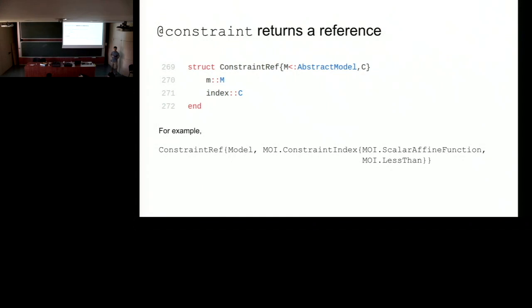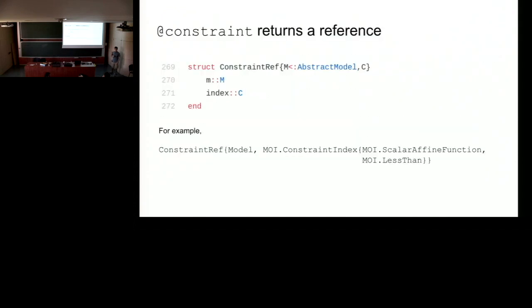If you're in the MOI world, you cannot go from the index back to the model. So when you create a constraint, it will return a constraint ref, similar to what JuMP does now, but the constraint ref will be parameterized by the type of MOI constraint. So this index will be exactly a MOI index. There's nothing else there.